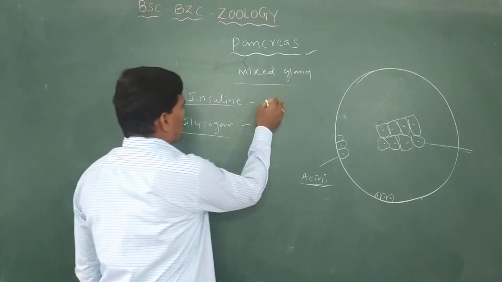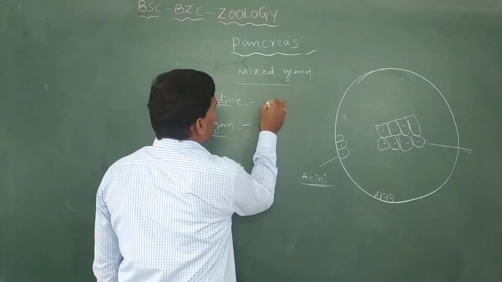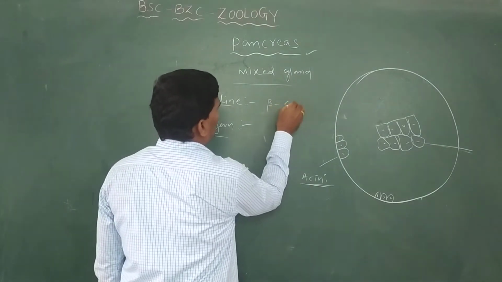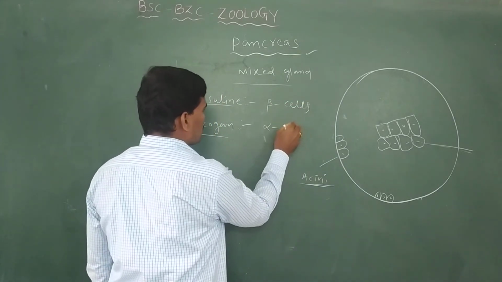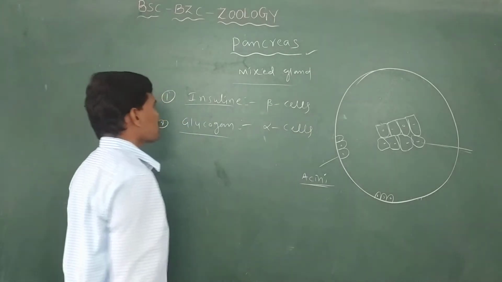Insulin hormones are secreted by beta cells, and glucagon hormones are secreted by alpha cells.